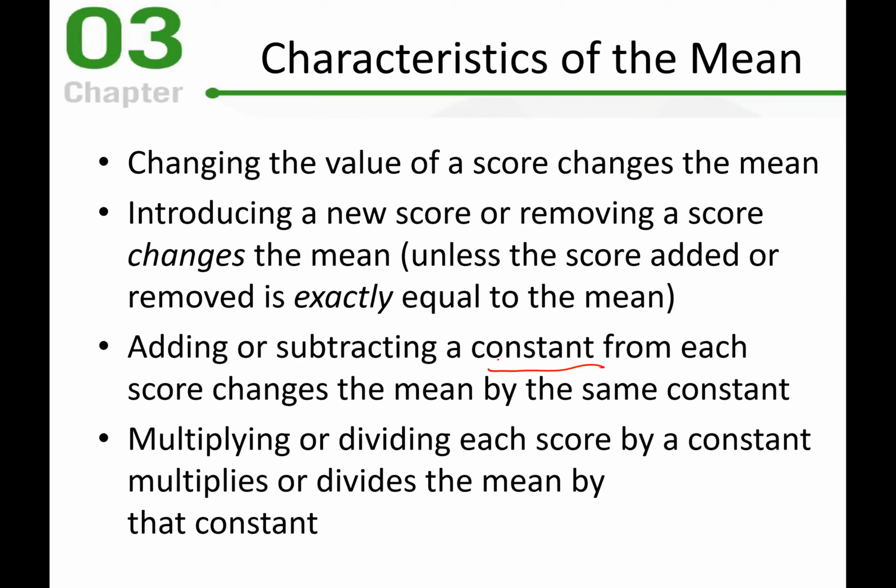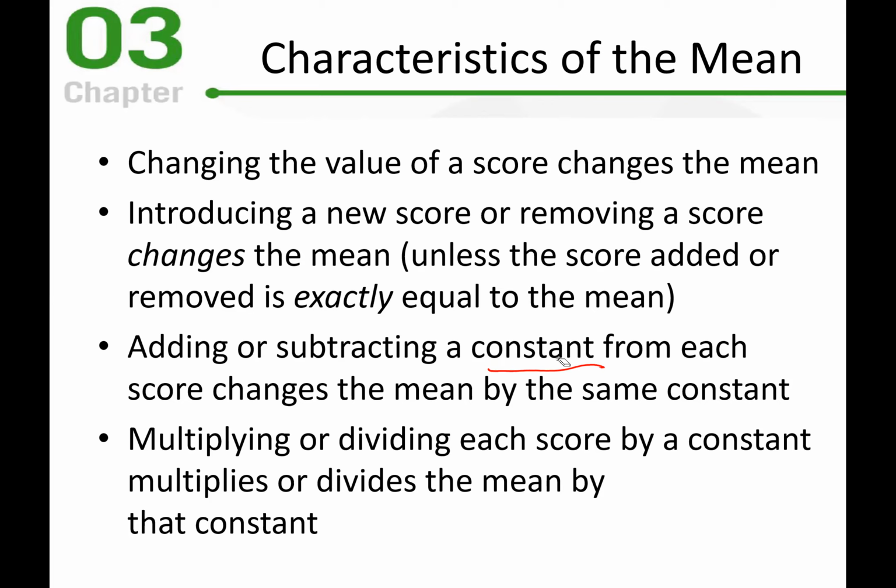If I say we're dividing all the scores by a constant of 3, that means we're dividing all the scores by 3. If I say we're adding 19 to each score in our distribution, that constant is the addition of 19 to each score.